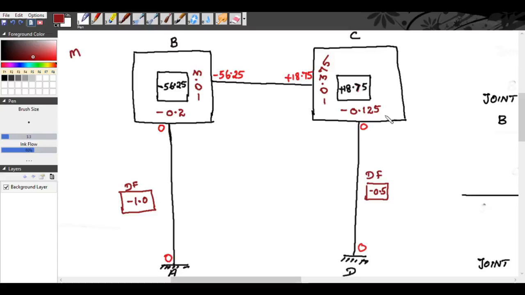So the rotational contributions are, you will have M BC. From here we will have the rotational contribution M CD.